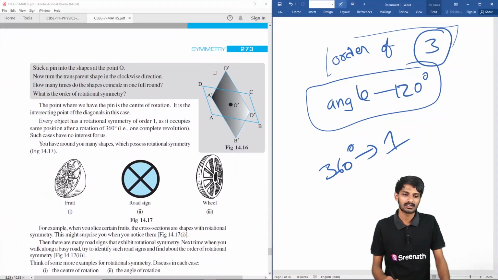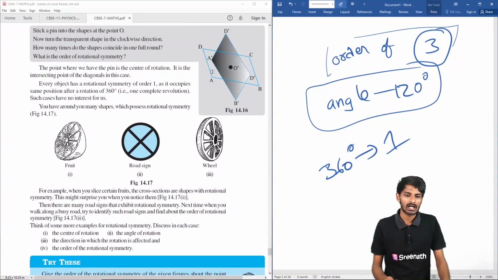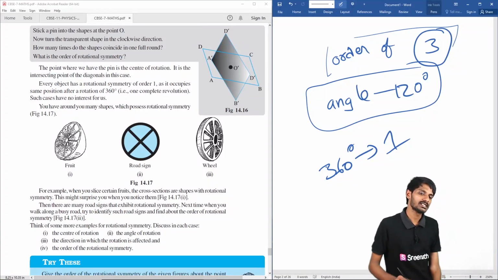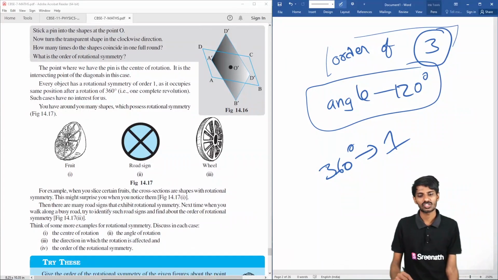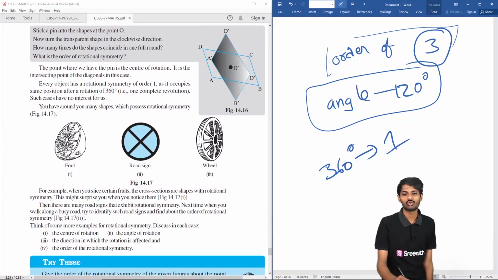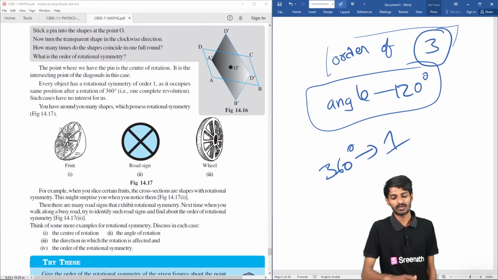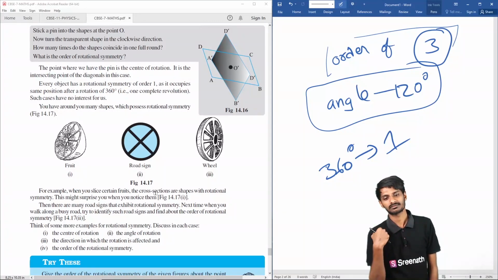Like that it happens. And now coming to nature. If you see, it is a fruit. So does it have rotational symmetry? Yes, friends. If you just turn it, it will always show many rotational symmetries. And coming to this road sign, does it have rotational symmetry? Yes, it is having almost 4 rotational symmetries.